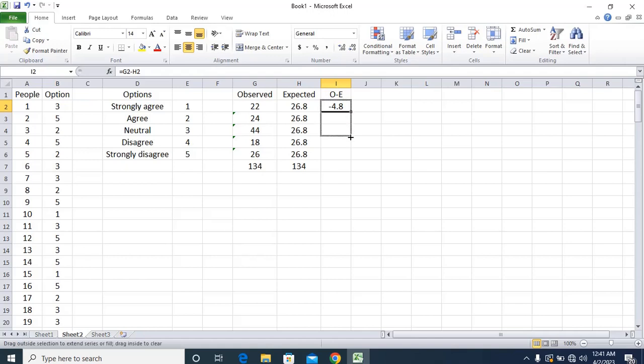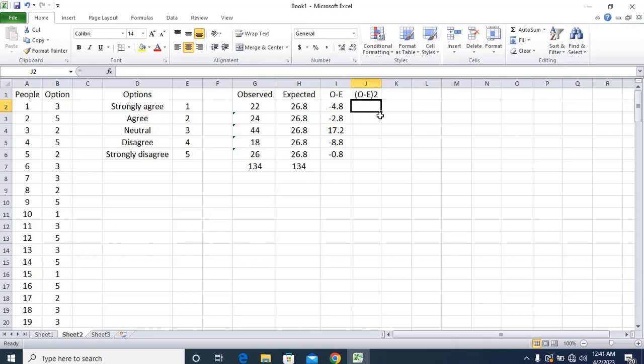Actually we are going to tabulate the data, that's why we find the observed minus expected value. Now we are going to find O minus E whole square.